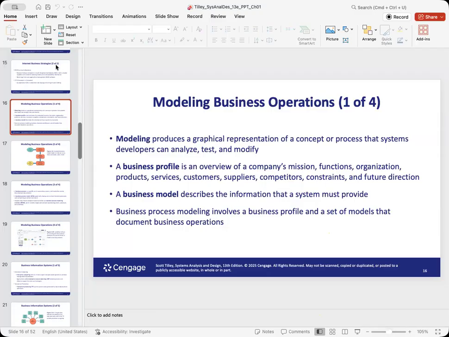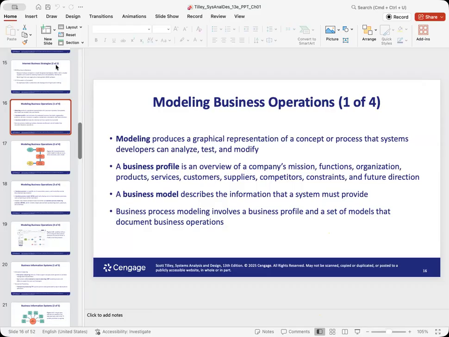You get it? And then we also have the business process modeling, which involves the business profile and a set of models that document your operations, every operation that you perform. Now, for whatever company or business that you start, definitely you will document how your operations must go.